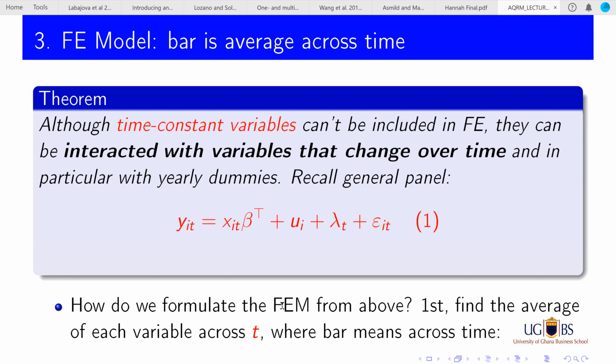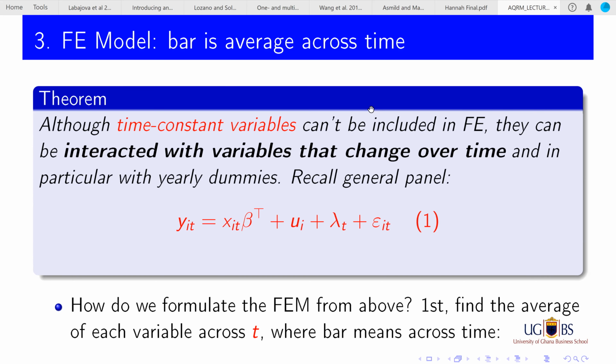Although the time constant variables cannot be included in a fixed effect, you can't include religion, you cannot include race or ethnicity, okay? You cannot include gender. These variables are perceived to be constant over time. Even though you can't include those factors, you can interact those variables with variables that change over time, like year dummies.